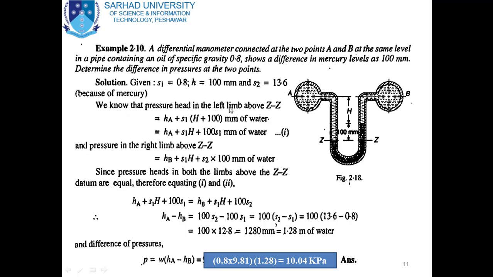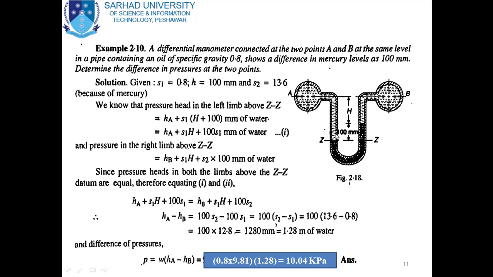Now we know that pressure in the left limb above ZZ is equal to HA plus S1 into H plus capital H plus 100. Here if we cut this in the middle, this is the left limb, this is the right limb. So pressure in the left limb is equal to HA, which is pressure at point A in terms of head of water, plus pressure in this column.